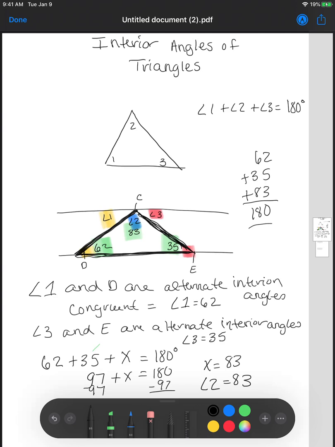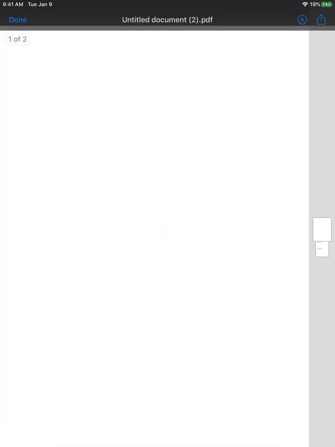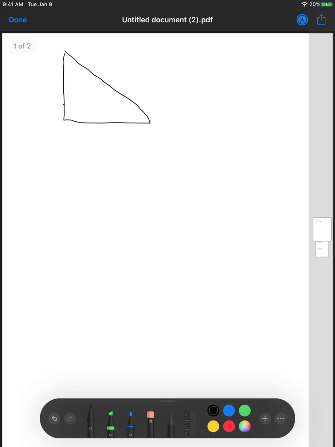So let's look at some examples here. All right, so I'm going to clear this page and give you some examples of triangles. Okay, so we have a right triangle.